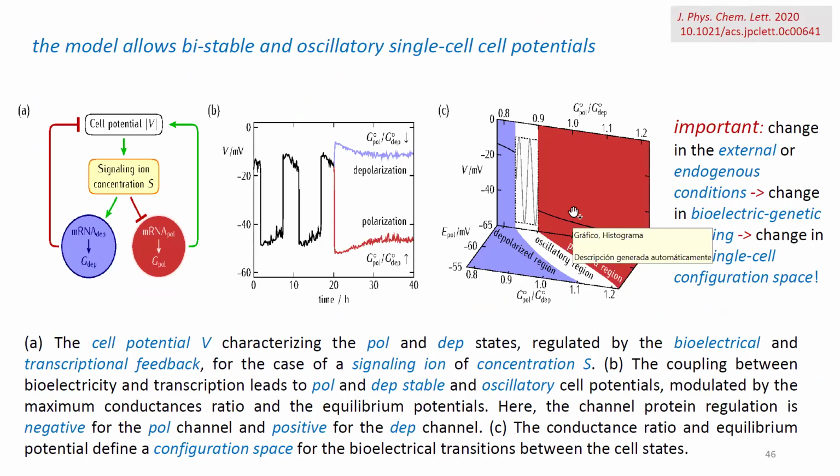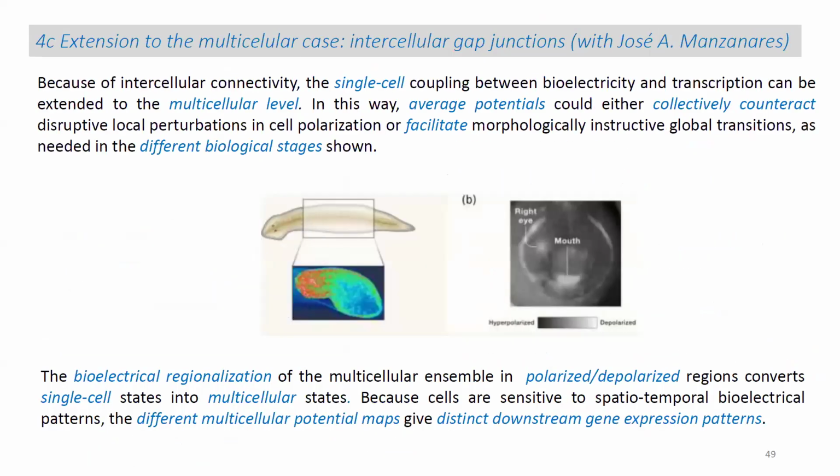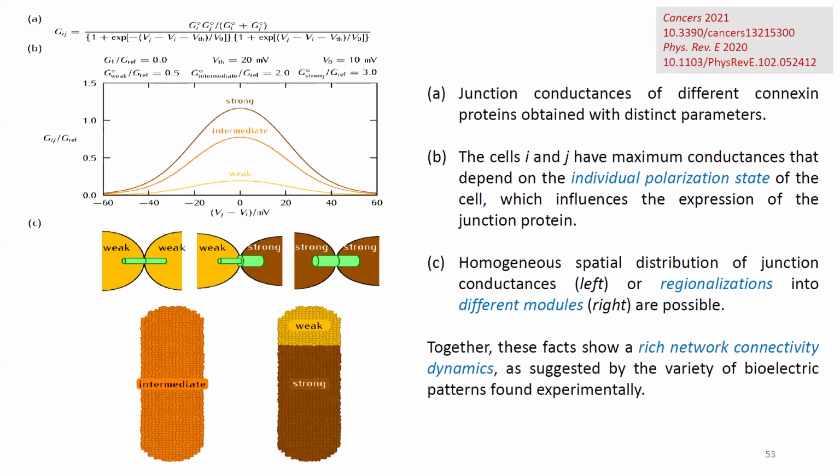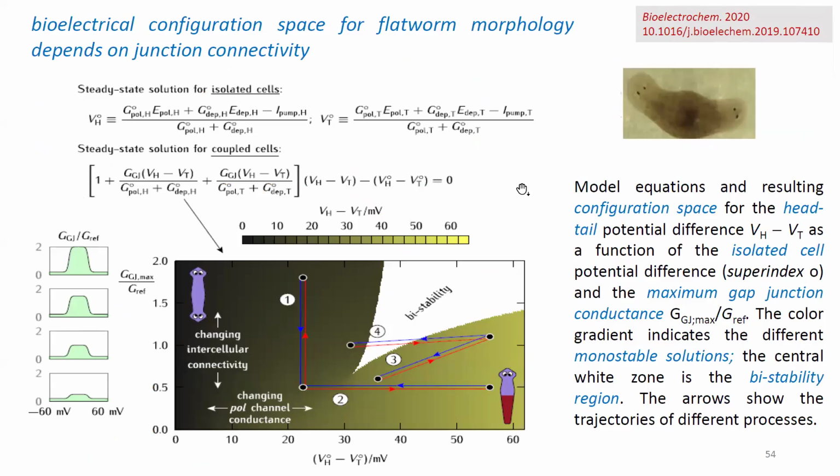We can move from the single cell phase space to a more complicated multicellular one, or at least a couple of cells connected by gap junctions, and we can try to design or obtain theoretically different regions, explaining an isopotential system and, for instance, a two-head system, a system which has a clear potential difference between cells in the head and cells in the tail, in this case a head-tail geometry.